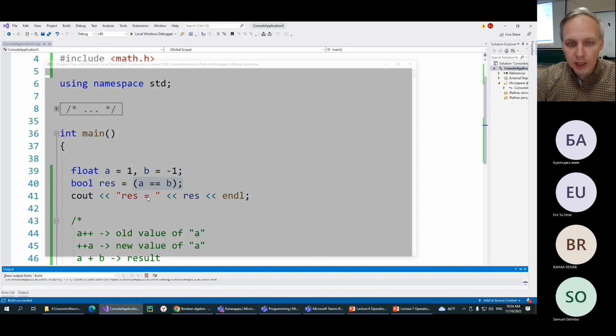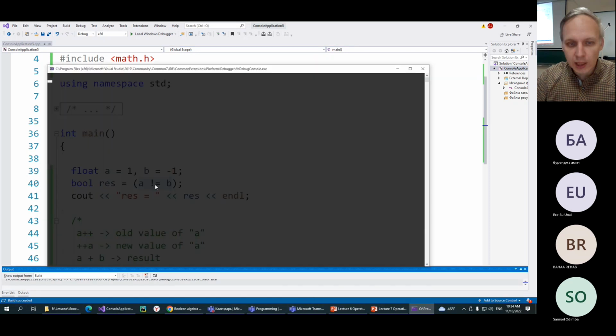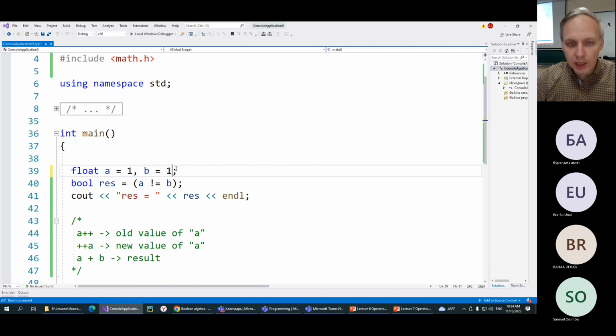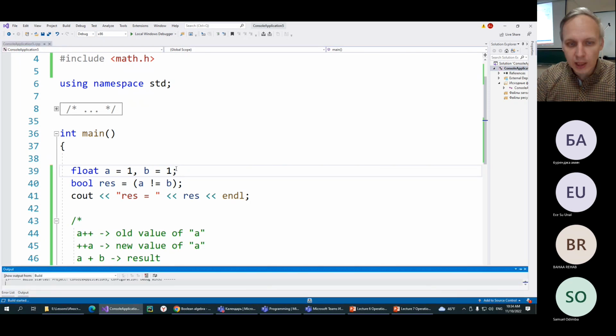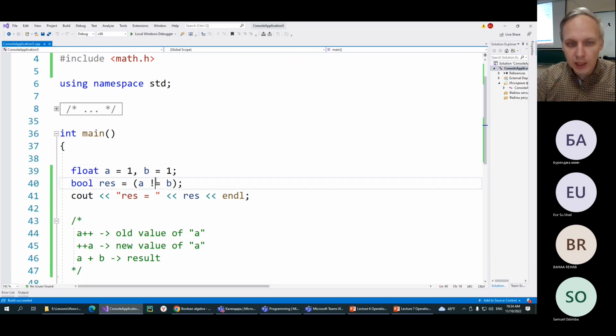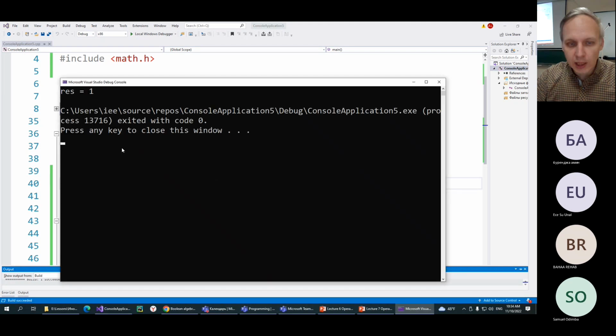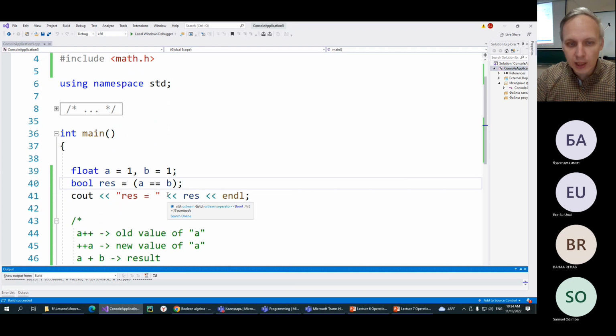A not equals B is true, because A is 1, B is -1, different values. But if I assign A and B both 1 and check A not equals B, the result will be false. If I compare A equals B, the result will be true, 1. So please remember, true is 1, false is 0.